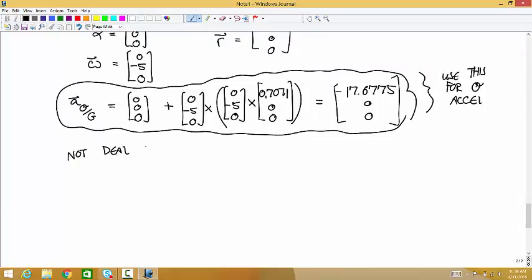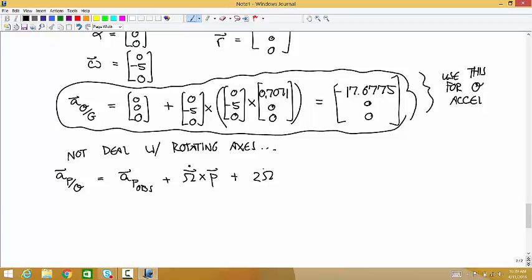Now we're going to deal with the rotating axes. We know that the acceleration of p relative to the origin is equal to the acceleration of p observed plus capital omega dot crossed with p plus 2 times capital omega crossed with the velocity of p observed plus capital omega cross capital omega cross p. And we just need to come up with all these vectors.